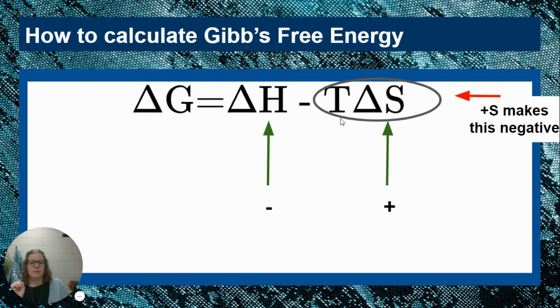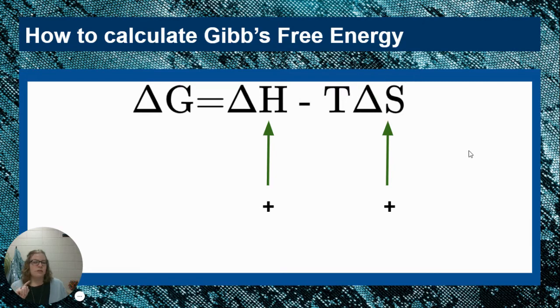And what ends up happening is that I'm subtracting a positive number, so I'm subtracting more, and that's going to make my Gibbs free energy always negative. And it's always product favored no matter what. So the best possible conditions for spontaneity or product favoredness are going to be a negative enthalpy and a positive entropy.